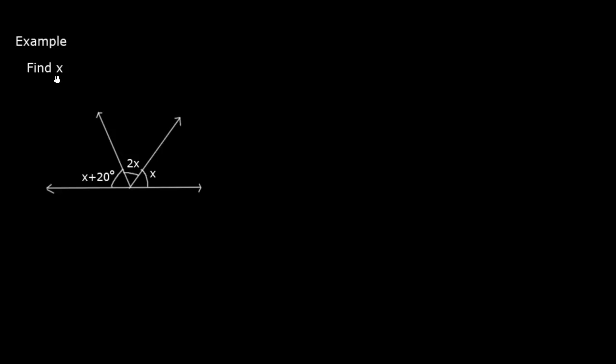We have to find x, and this is a straight line and these are 3 angles on a straight line. That means their sum must be 180 degrees. That is x plus 20 degrees plus 2x plus x is 180 degrees.